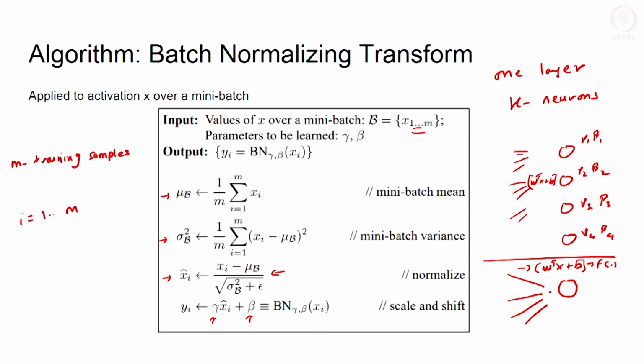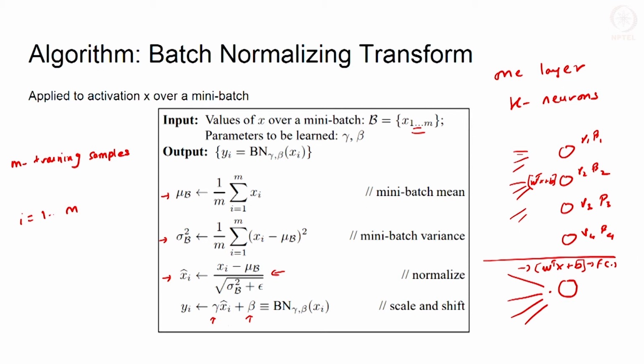This is a transformation that helps to make sure that the distribution of the activation that you compute for every neuron does not shift too drastically. They are confined to be within a certain distribution. When this happens, training is automatically faster and it converges faster.